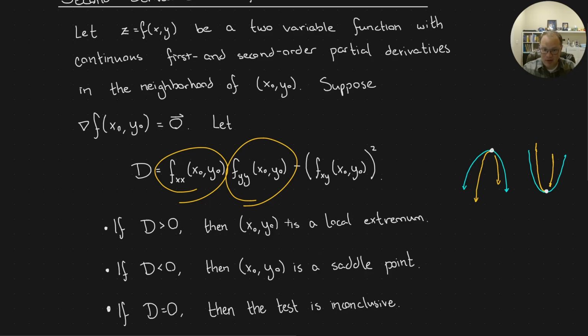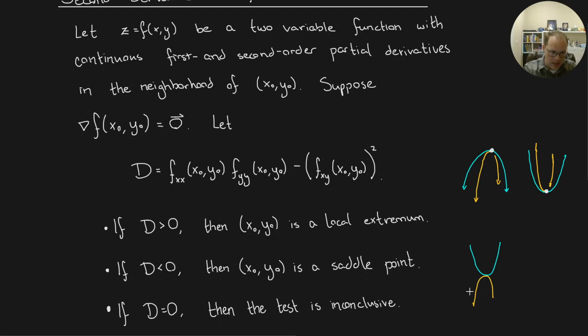Because they have to have opposite signs. Only two numbers with opposite signs, when you multiply them, would you get a negative number. Okay? So that means in one direction, we'd be concave up. In the other direction, concave down. And we get something like a saddle. Let's see if I can draw it.